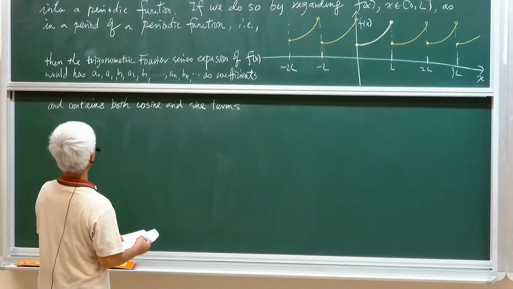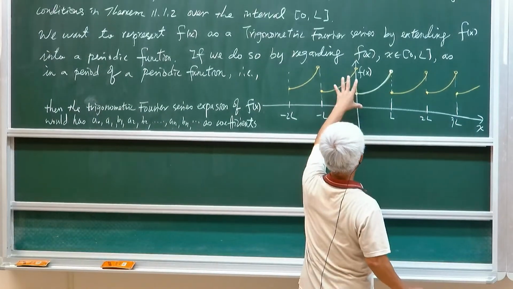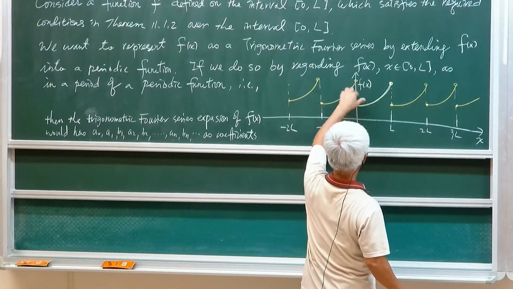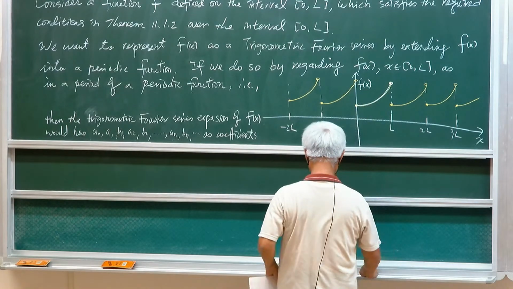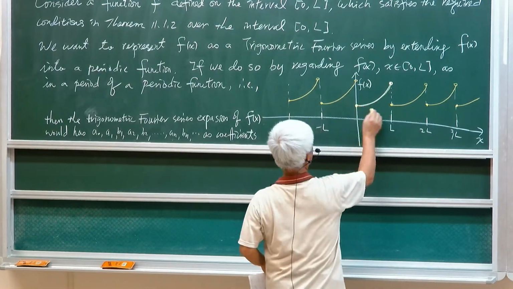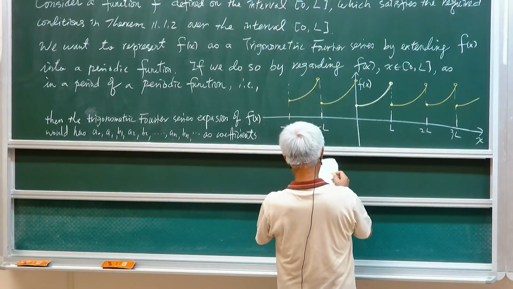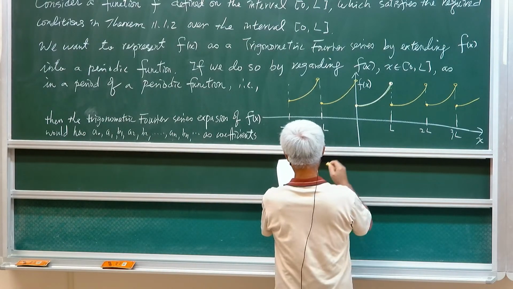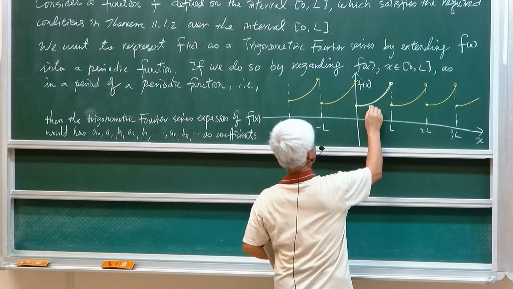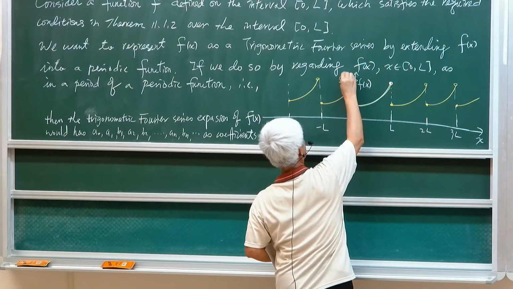Okay, so if we do the extension of the f of x, originally defined on 0 to L, this periodic function, say this is f prime of x.